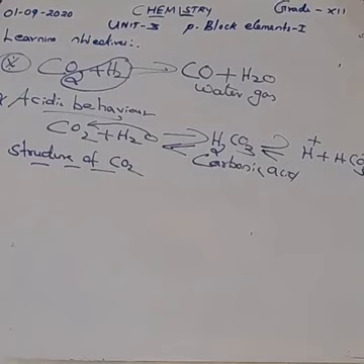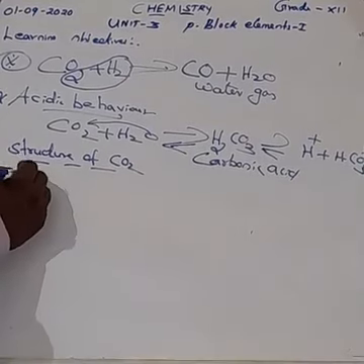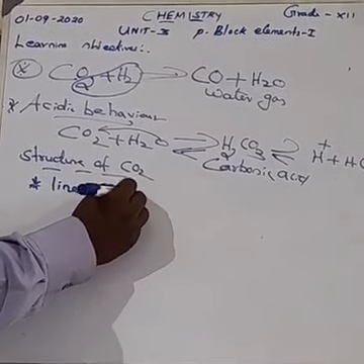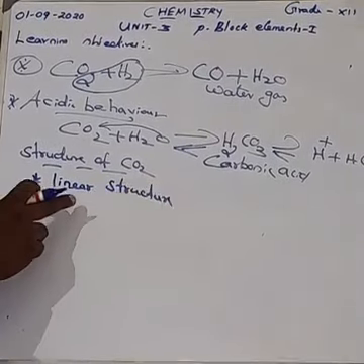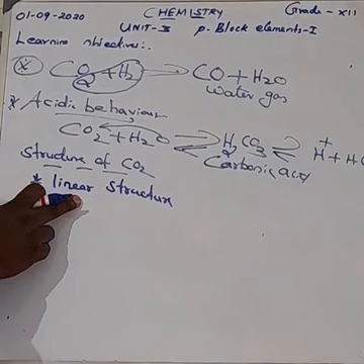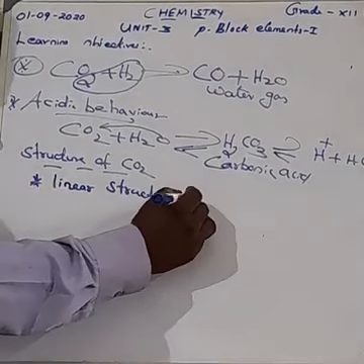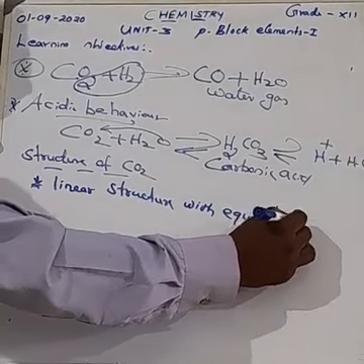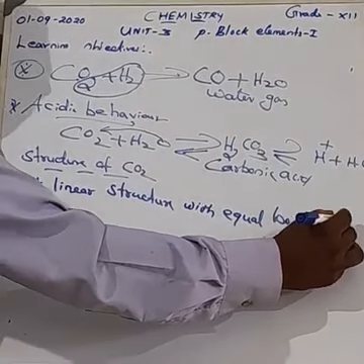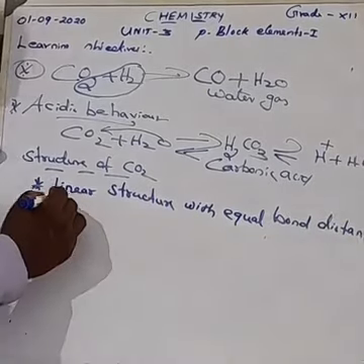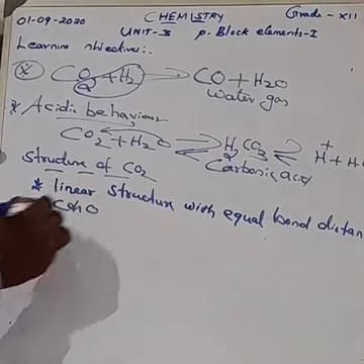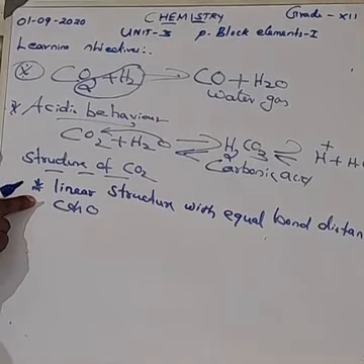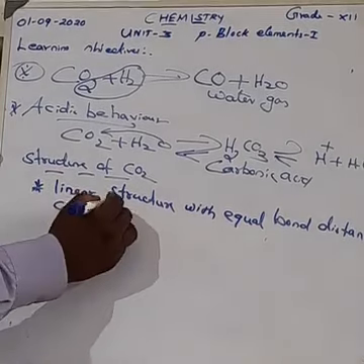Carbon dioxide has a linear structure with equal bond distance between carbon and oxygen. Linear structure with equal bond distance for both carbon and oxygen bonds.